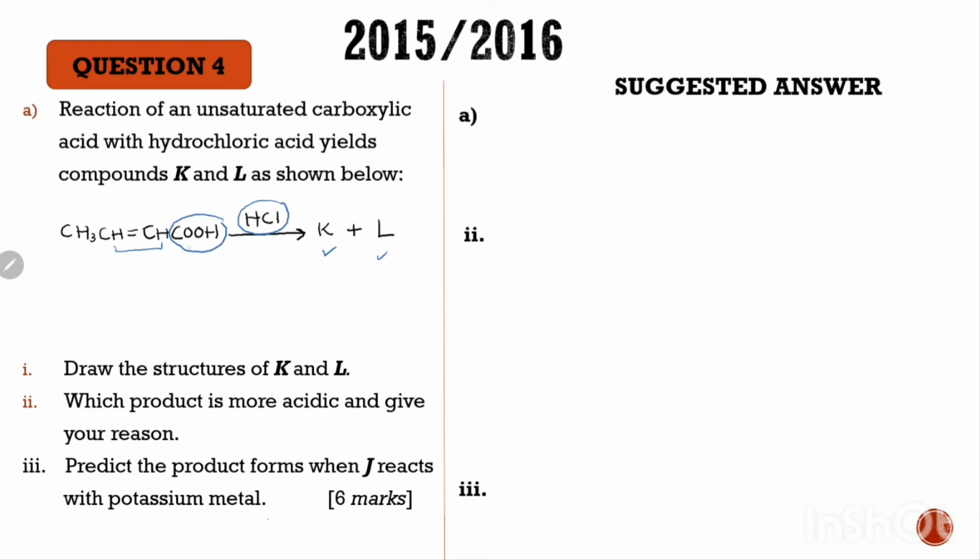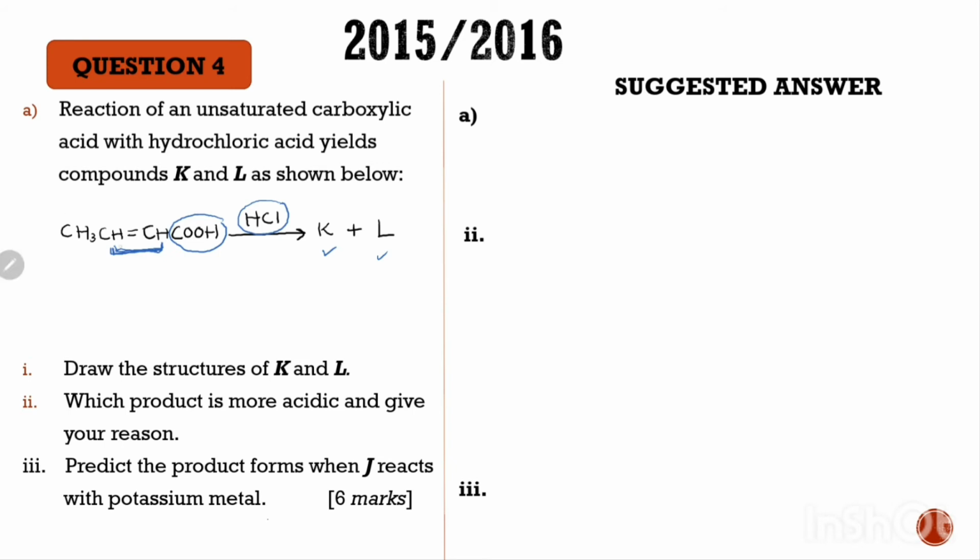So carboxylic acid, acid react dengan acid HCl, no reaction. Okay, tapi untuk carbon-carbon double bond react with HCl, so kita ada reaction, electrophilic addition reaction. Okay, so sebab kita ada nucleophilic site pada carbon-carbon double bond ni, so HCl akan kita tambah pada carbon-carbon double bond, hydrogen atom and chlorine atom.